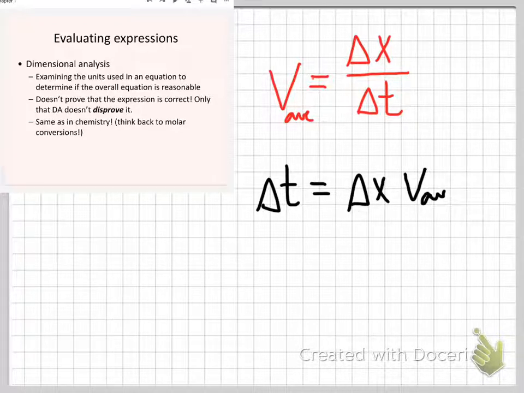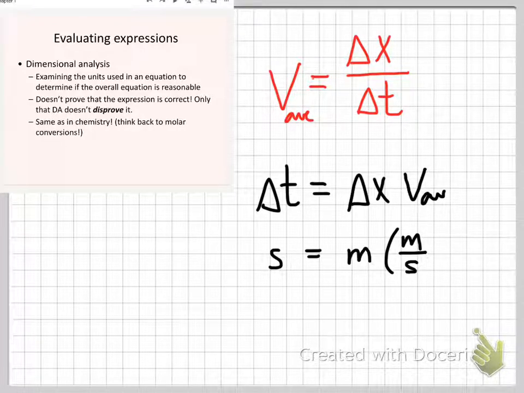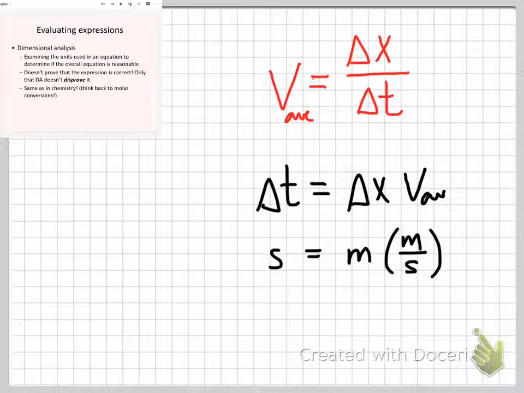So time, we're going to measure in seconds. Distance, we're going to measure in meters. And velocity, or speed, would be in meters per second. Here's what I'm going to do. We're going to do this two ways.